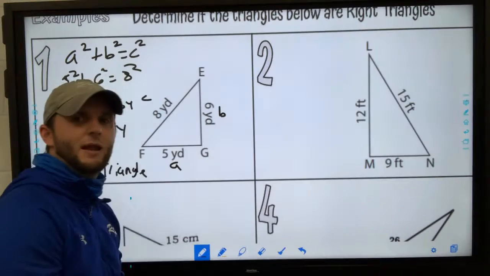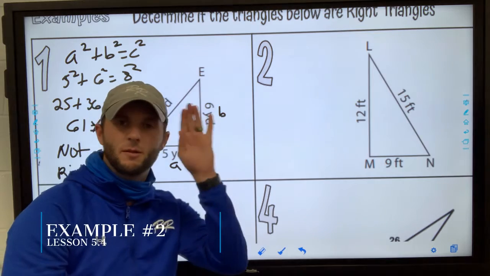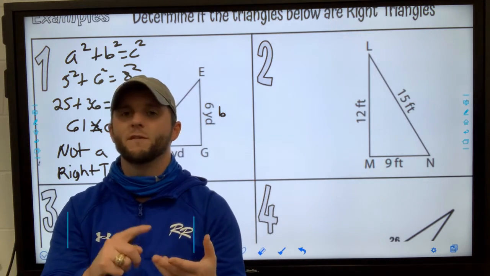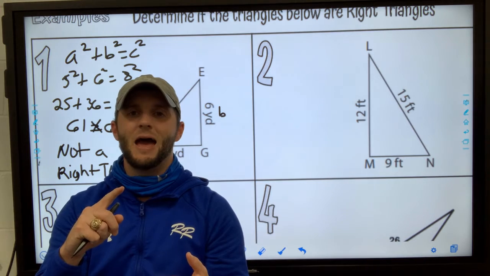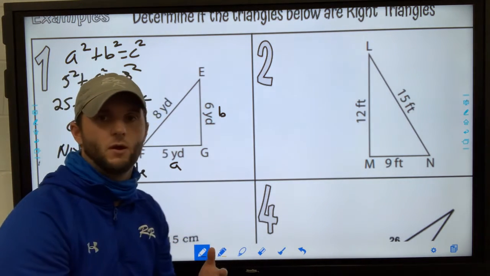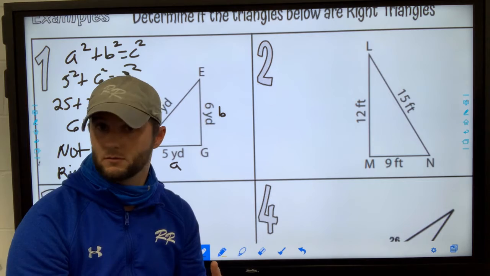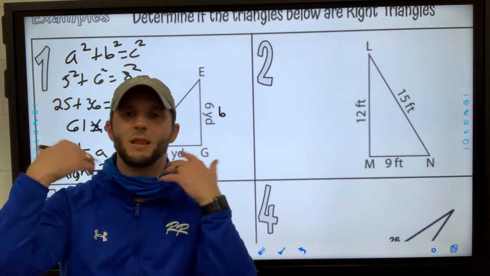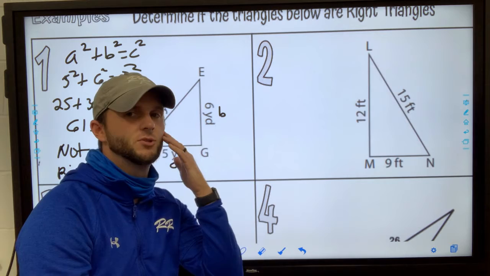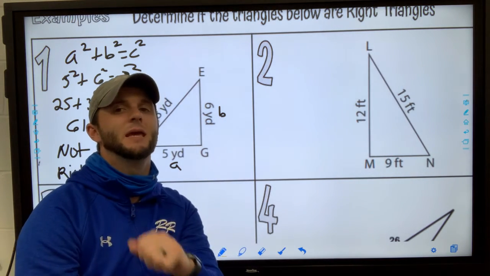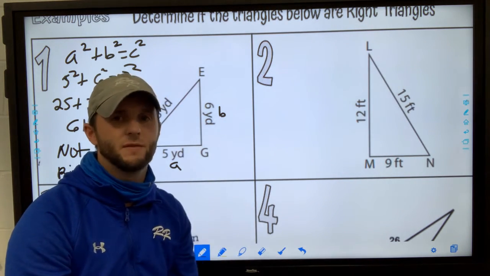Now, remember we just learned about something called Pythagorean triples. So let's think back. I have a 3, 4, 5, and I have a 5, 12, 13, correct? Now we're going to apply that here. Remember, I said I can multiply any number by those, and whatever that number comes out to be, it can still work out to be a Pythagorean triple.